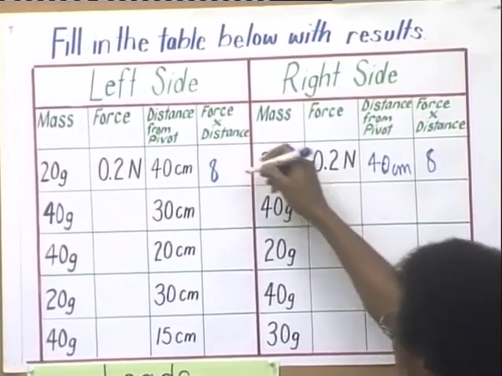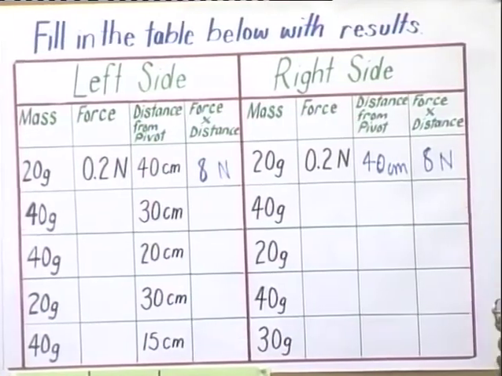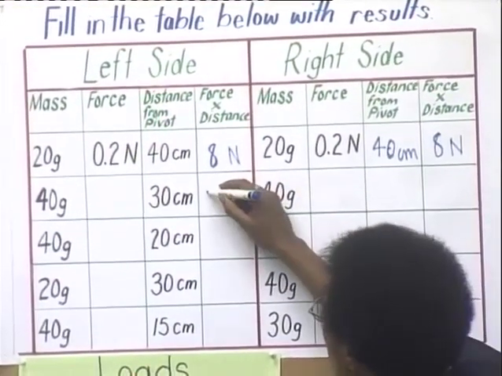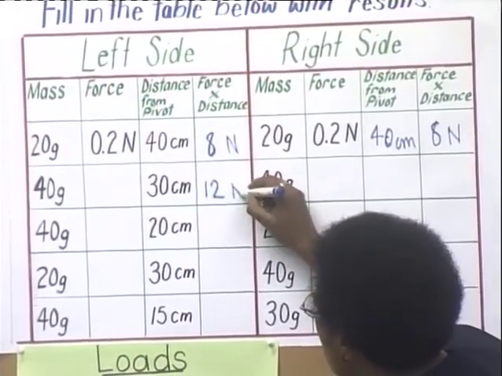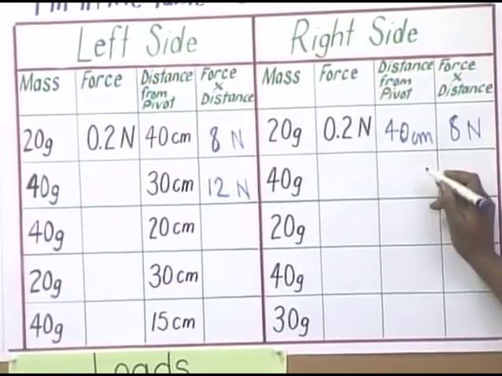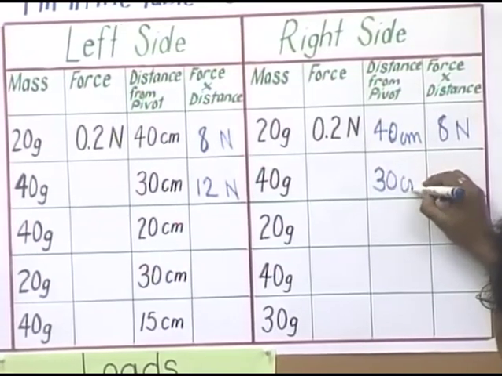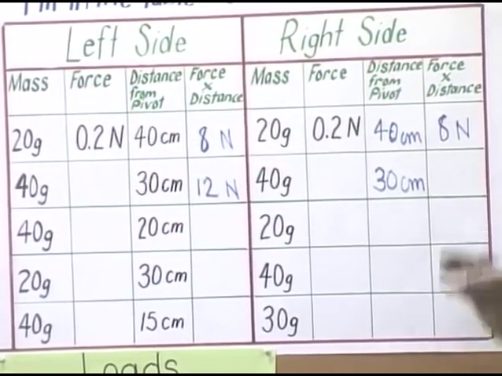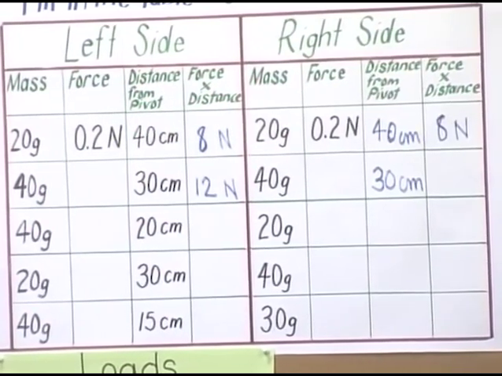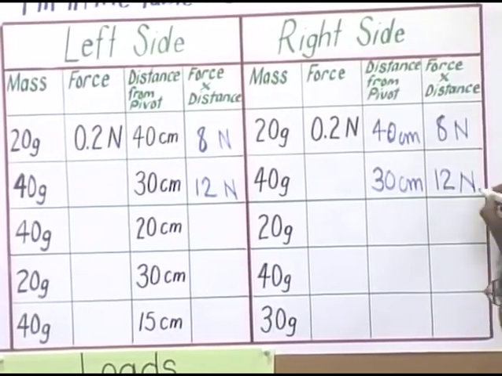Thank you. If you can give us the next one quickly. 12 newtons. 12 newtons. Your distance? 30. 30. Same right there. And your force times distance? 12. 12 newtons.